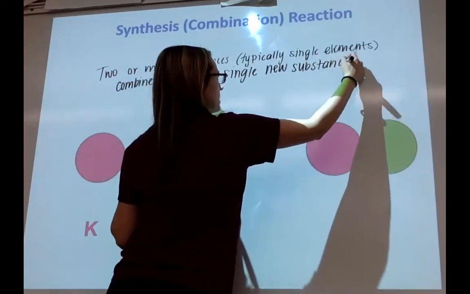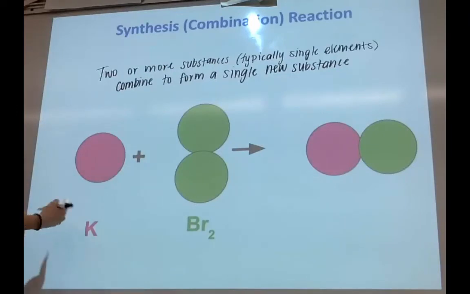All right, so we form a single new substance. So here we have potassium and bromine combining to form a single new substance.